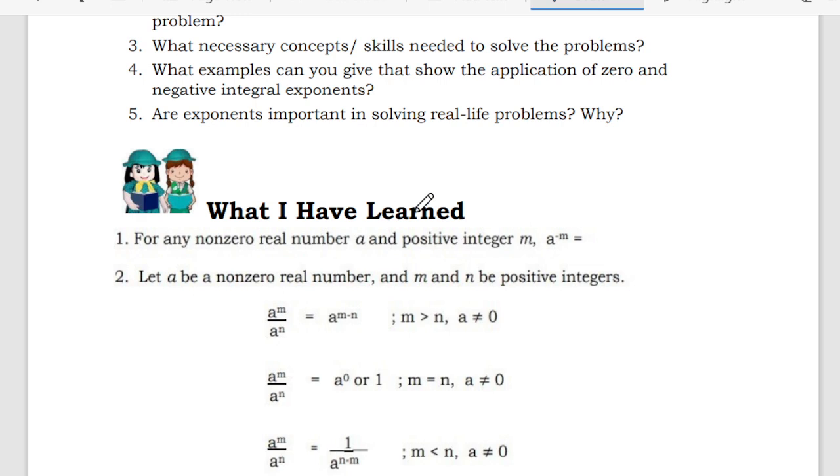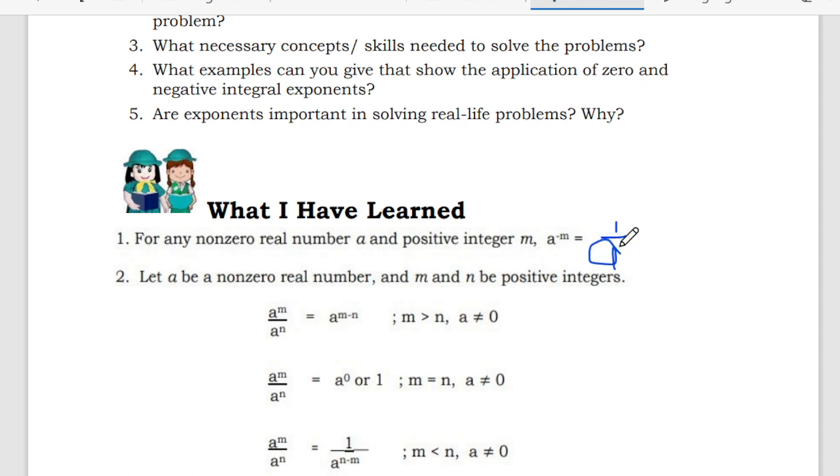So what you have learned? Number 1, that for any non-zero real number a and positive integral m, this must be 1 over a raised to m. Ayusin natin yung a. This must be a. Okay, another is let a be a non-zero real number and m and n be positive integers.